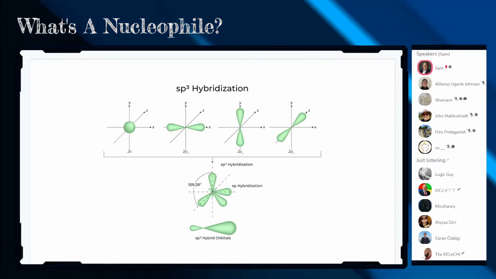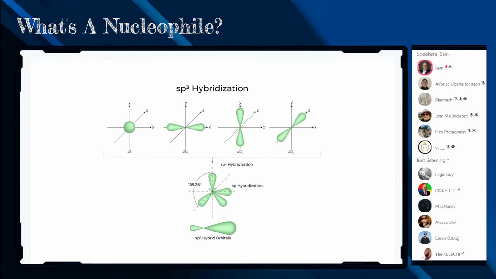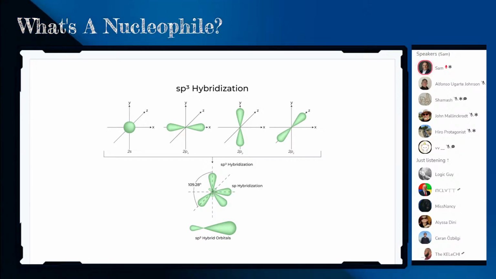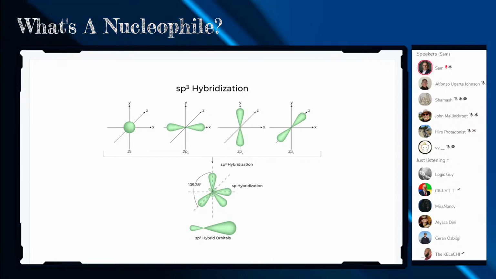In chemistry, we have this concept called electronegativity. Electronegativity is basically a measure of how strongly an atom attracts electrons. The more electronegative an atom is, the better it attracts electrons.